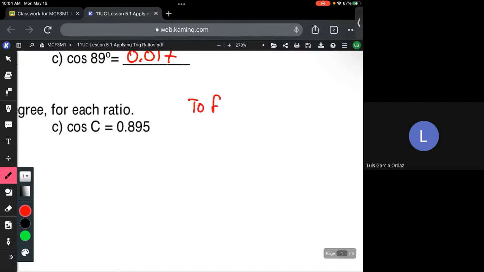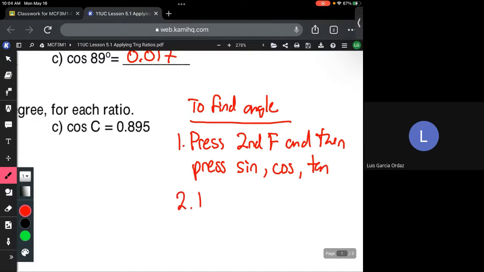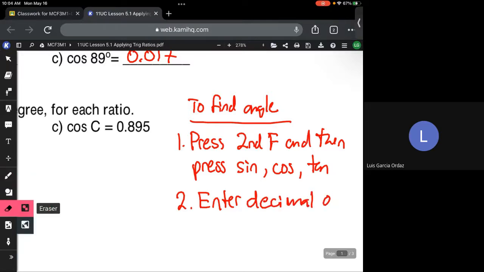To find an angle, press second function, and then press sin, cos, or tan, enter the decimal or fraction, because sometimes you might get a fraction.